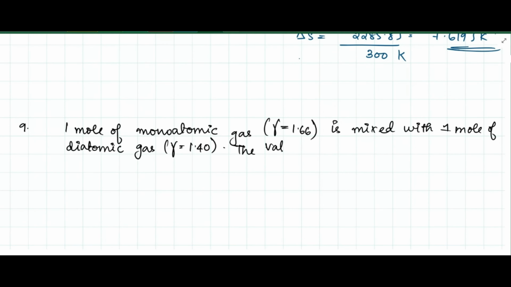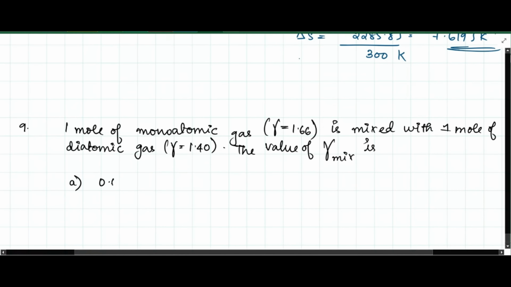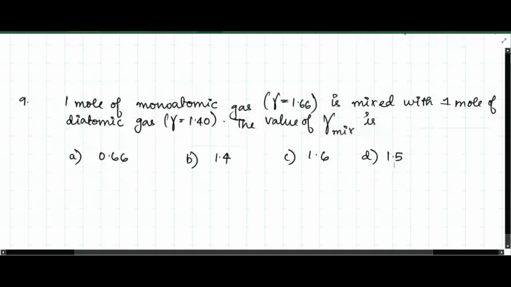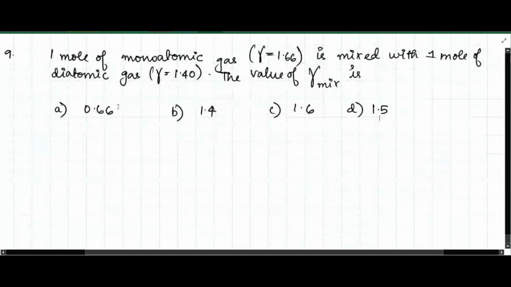The value of gamma mix is: option A 0.66, 1.44, 1.4, 1.6, 1.7. Okay. First of all, let's understand what gamma is.